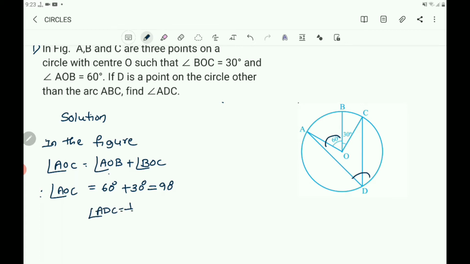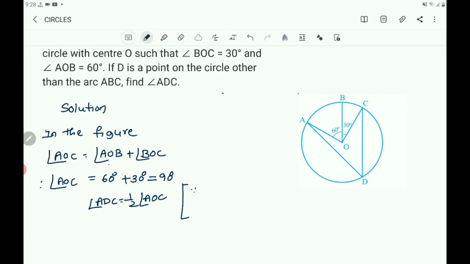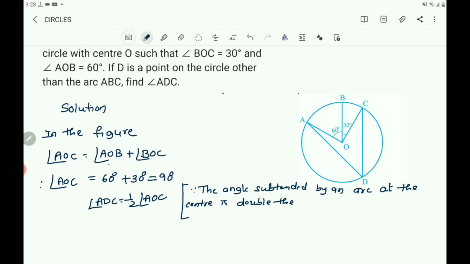Angle ADC equals half angle AOC, because the angle subtended by an arc at the center is double the angle subtended by it on any part of the circle.